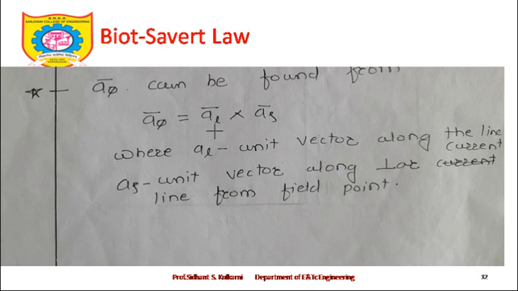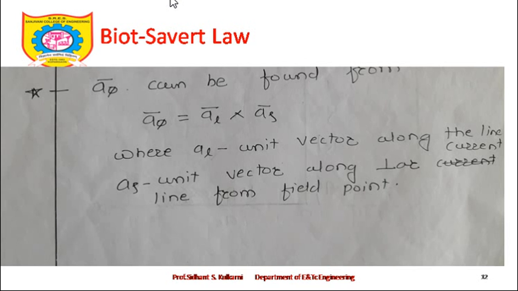AL bar is the unit vector along the current carrying length of the conductor. Cross arrow bar is what? The unit vector along the perpendicular line from the field point. So remember these two things: A phi bar is calculated by AL bar cross arrow bar.